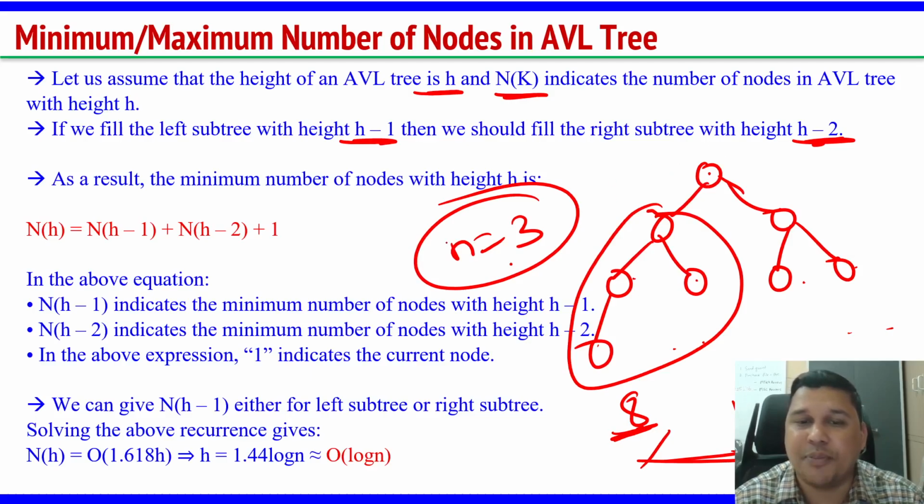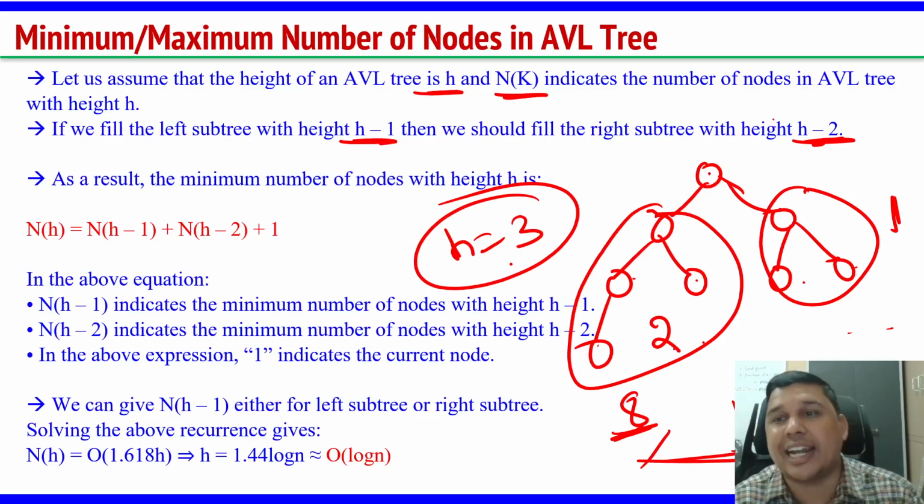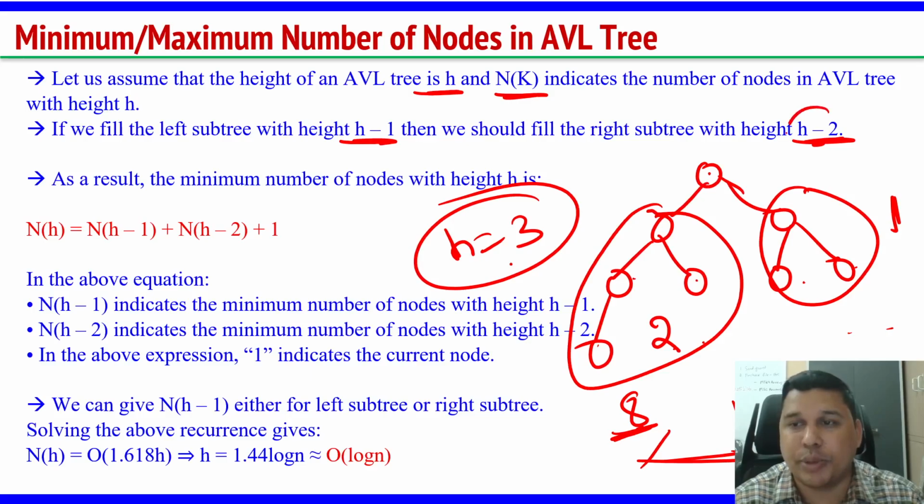The total height of this tree h is 3, h minus 1 means 2. See, the height of this tree is 2, whereas the height of this tree is 1. That is it, no? For this right child, for the circled one, the height is 1, right? So, if you are filling a left subtree with h minus 1, then definitely the right subtree should differ, the height should be h minus 2, like this.